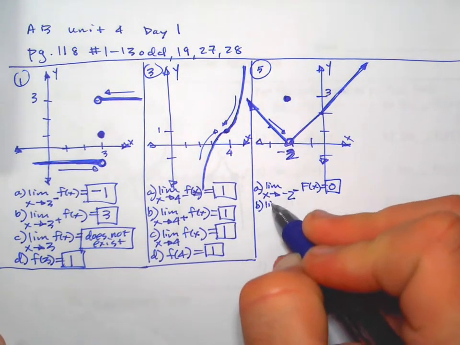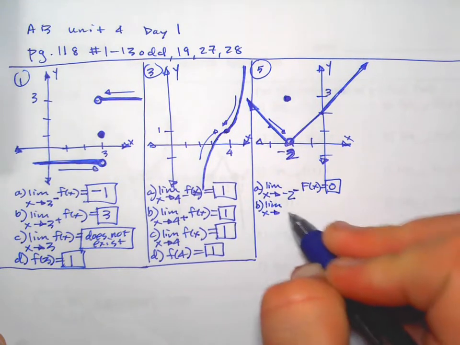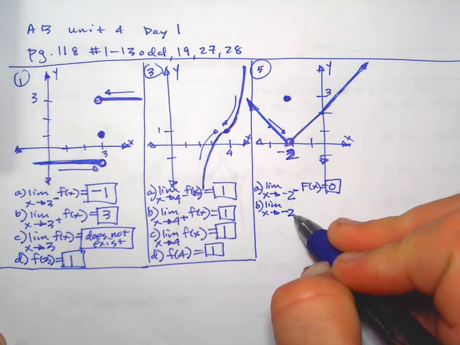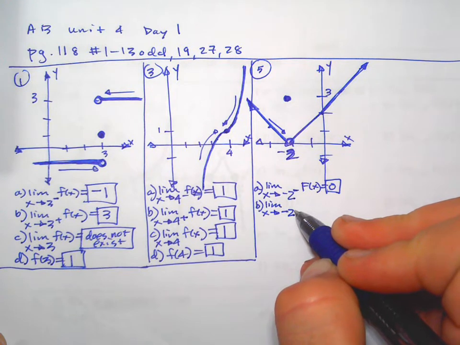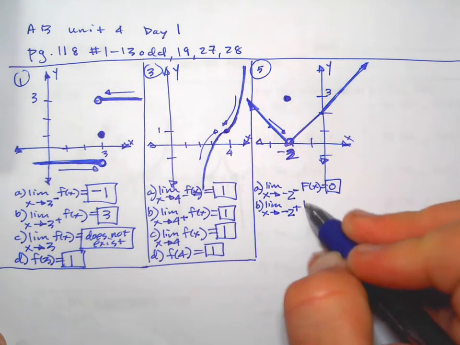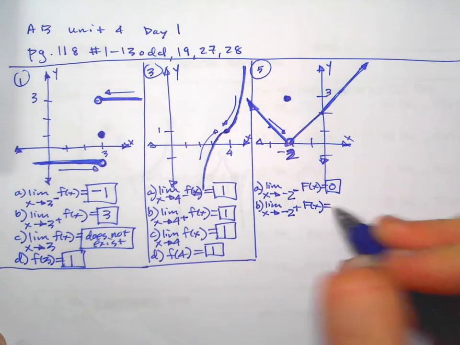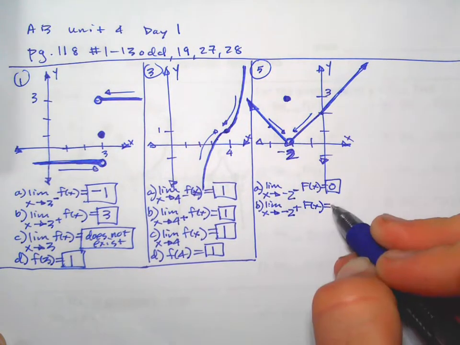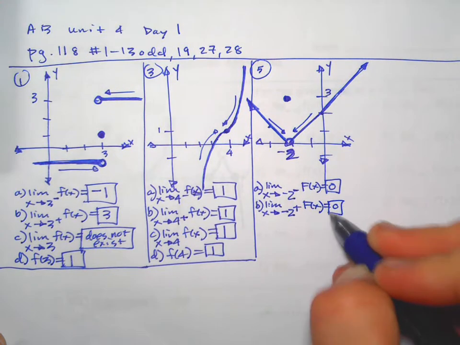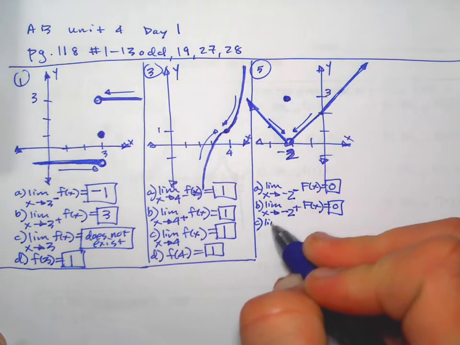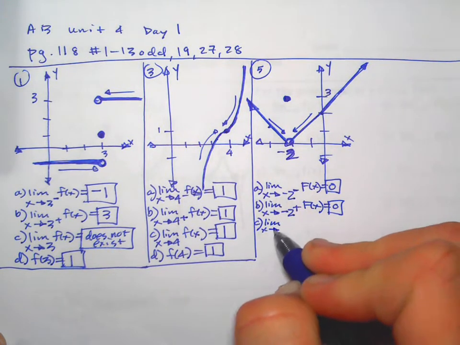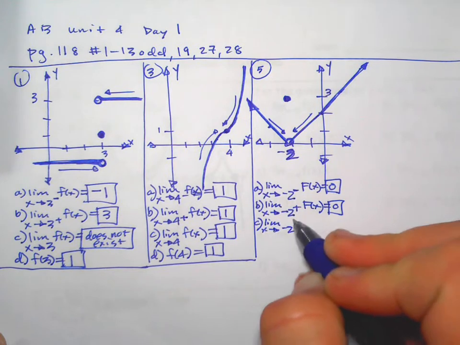And then the limit as x approaches -2 from the right. Oh, no. Yeah, let's see. Yeah. Very predictably it is also 0. And part C, the limit as x approaches -2.